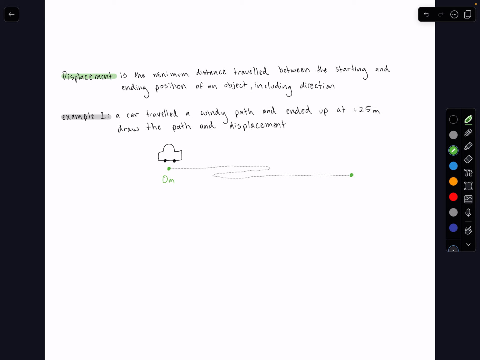The displacement is not the windy path that we've drawn, because it's not the minimum distance traveled between the starting and the ending position of the object. So the displacement is this green line, and that green line has a length of 25 meters, 25 meters to the right.